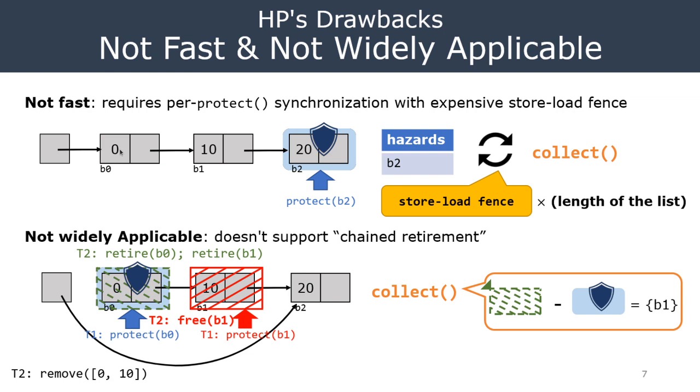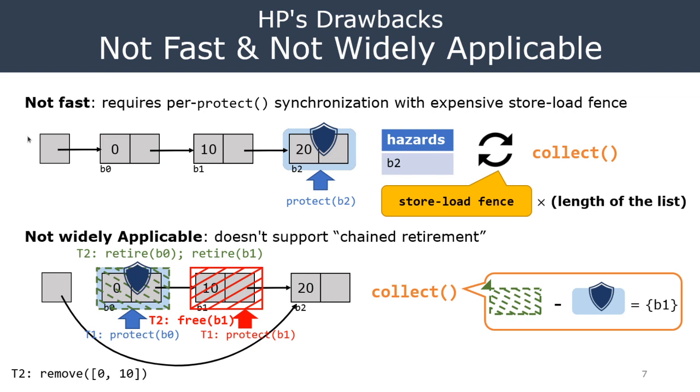If multiple locations are modified at the same time, for example, multiple nodes are removed from the data structure at the same time, we cannot use the hazard pointers technique. Okay, so far so good.